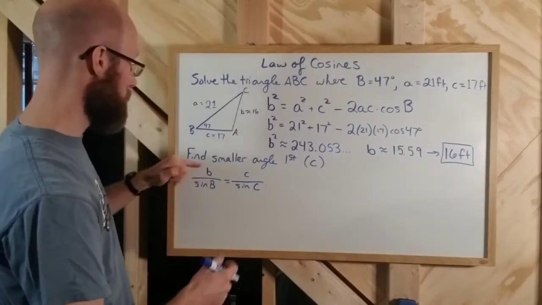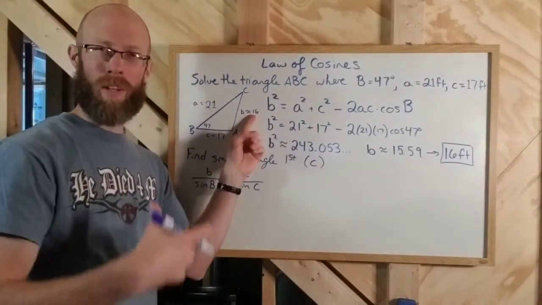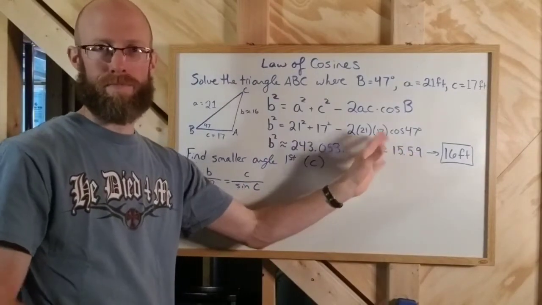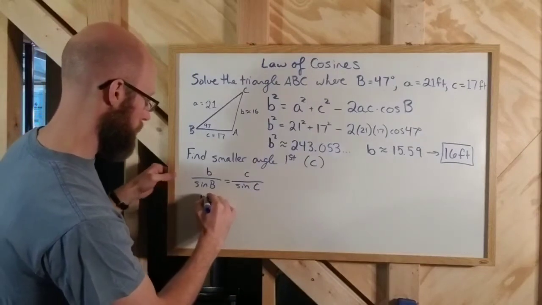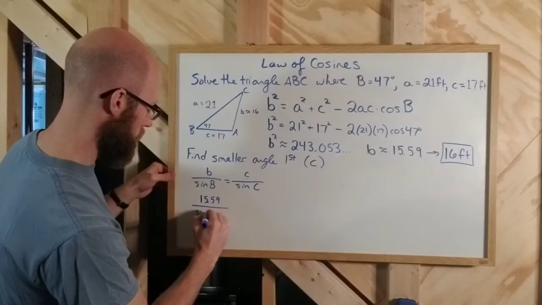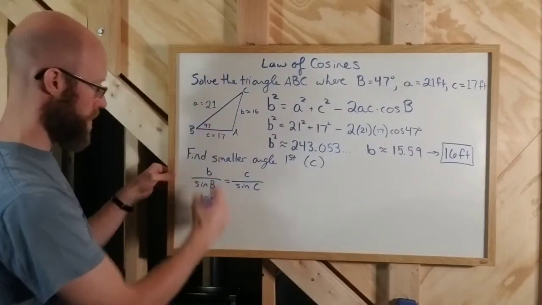So little b is, and then instead of using 16, I want to limit my rounding error, so I'm actually going to go back to the 15.59. That's a little bit better. It's still rounded, but it's a little bit better. So we'll go 15.59 over the sine of big B. Where's big B? 47.